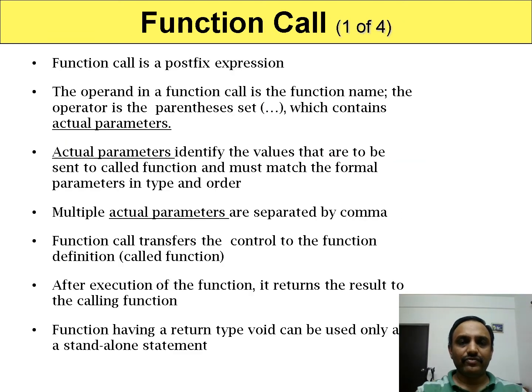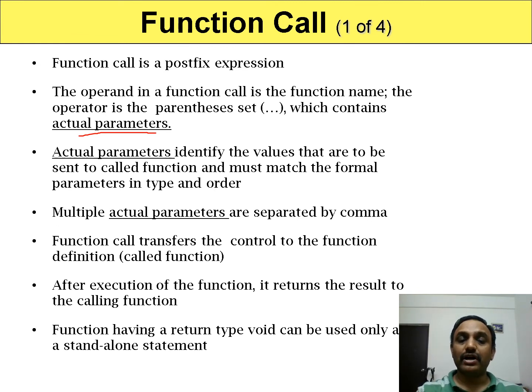Next we will take function calling. This function call is a postfix expression. The operand in function call is the function name. The operator is the parenthesis set which contains actual parameters. Here the actual parameters are separated by a comma.